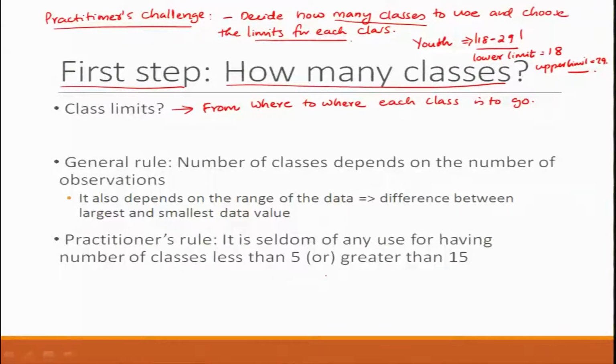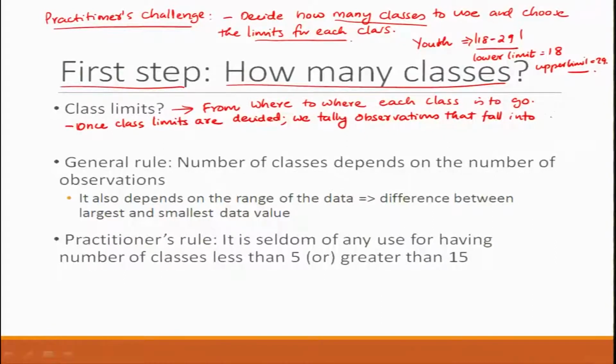Then what do we do? Once class limits are decided, we tally the observations that fall into each class, providing the class frequency.